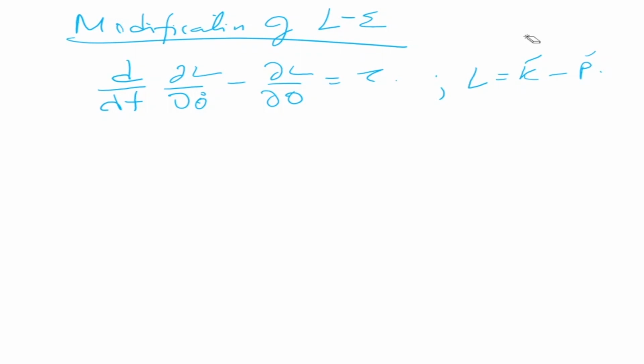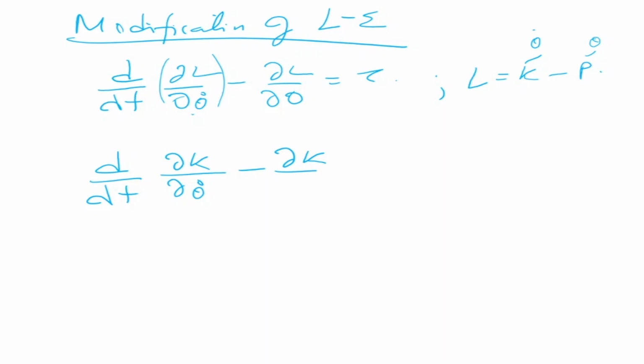So this is made up of theta dot and this is made up of theta. So this L, when we are differentiating with respect to theta dot, potential energy does not have theta dot, only kinetic energy has. So what I do is I write it like this: d/dt of dK/d theta dot, minus dK/d theta plus dU/d theta is equal to tau.